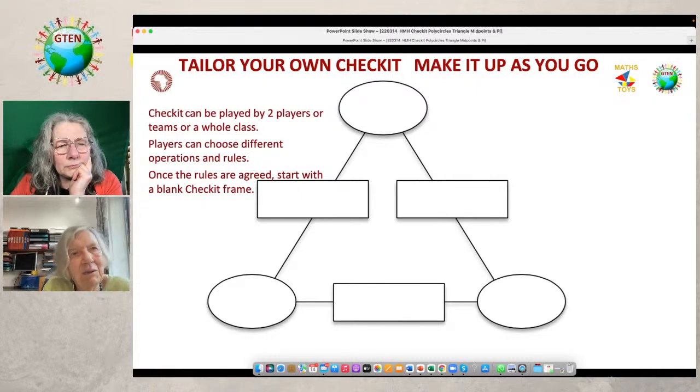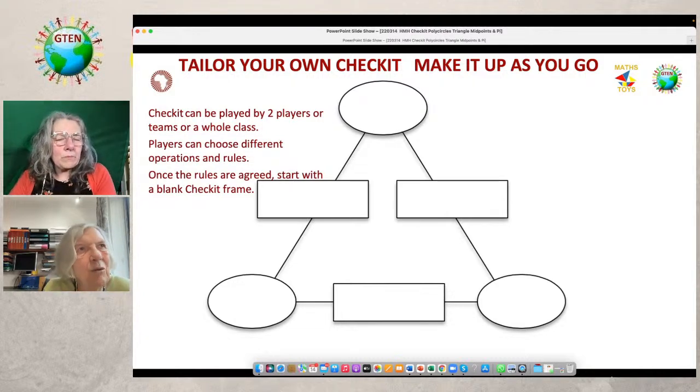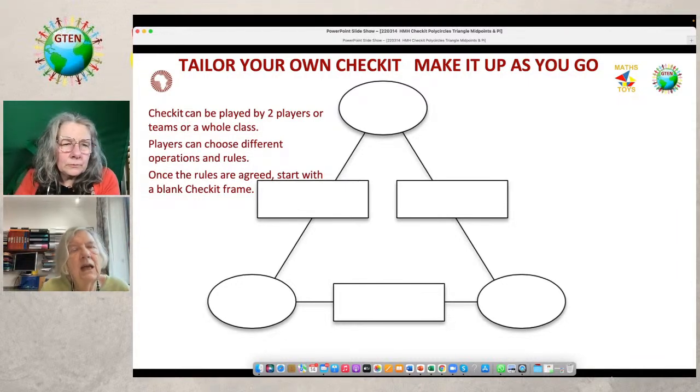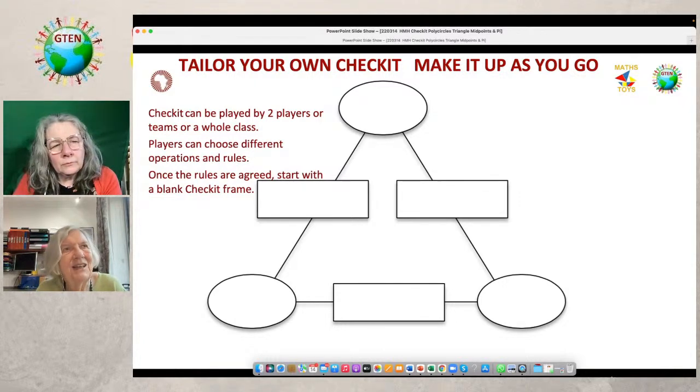And then you have to be a bit more careful, because here, if you start putting in the third number, you might be doing it in such a way as it's impossible to complete the whole set of 6. So you have to have a plan in your mind about how it could be filled in. And of course, at the early stage, there's lots of different ways it can be filled in.